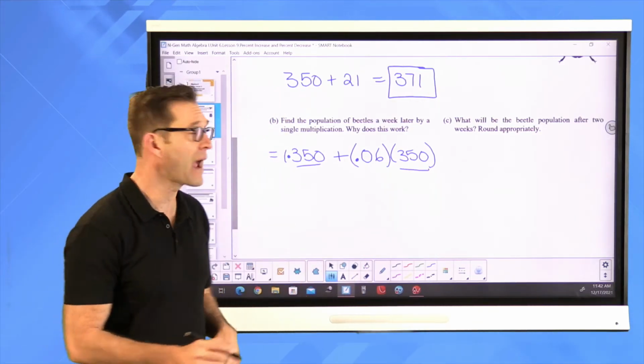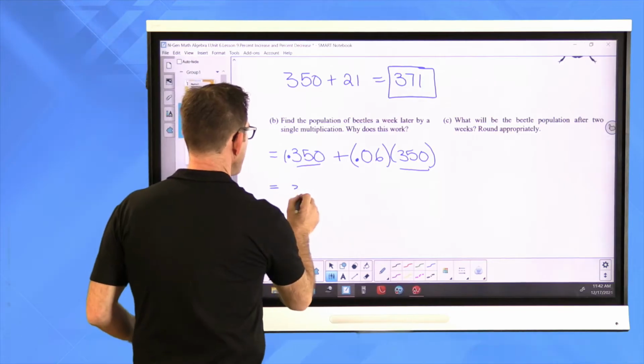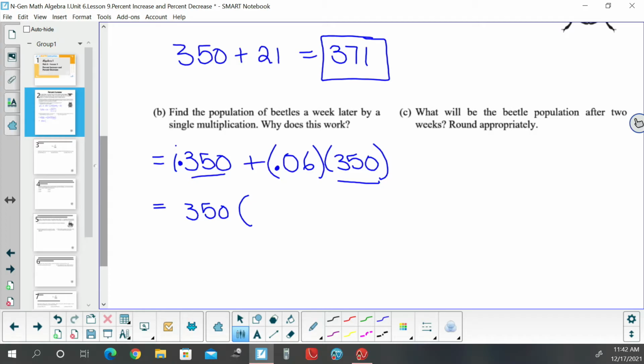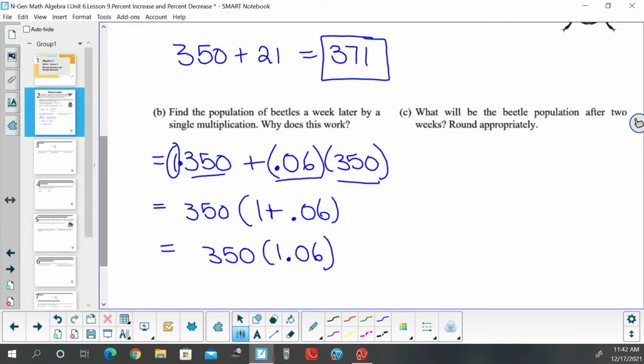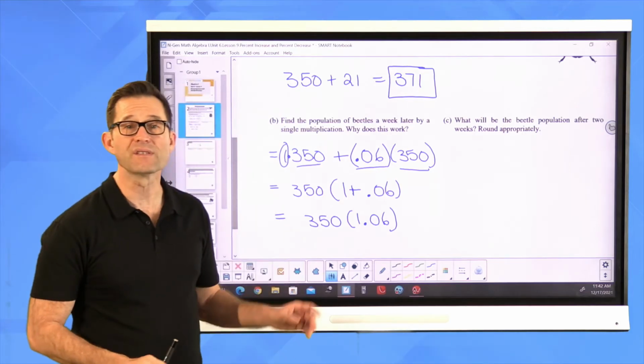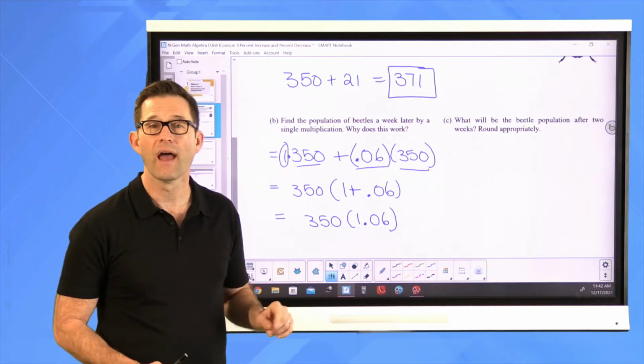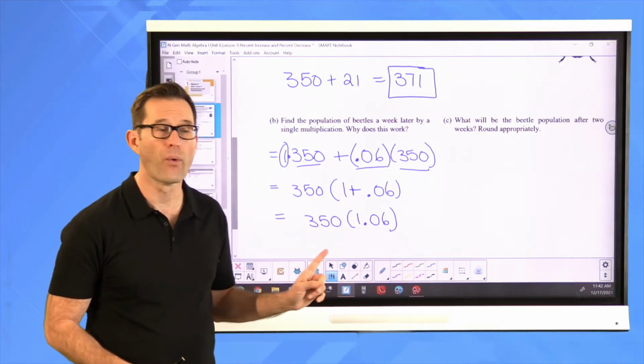So I'm going to take that 350 and factor it out like I've done before, and that leaves me with 1 plus 0.06. Obviously, 1 plus 0.06 is just 1.06. So I claim that I can increase the number 350 using just one product, and that's the product with the number 1.06.